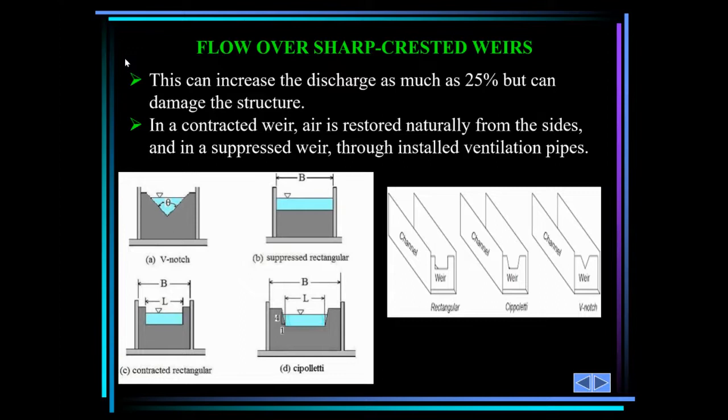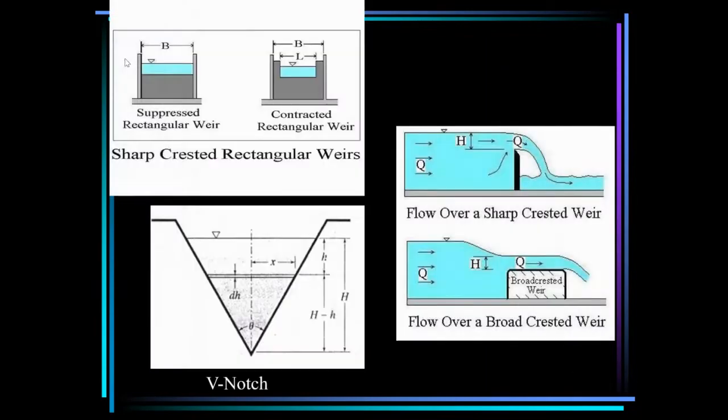Now we have started discussing weirs, flow over sharp-crested weirs. Okay. And we have different types. We have the V notch. I explained all this.